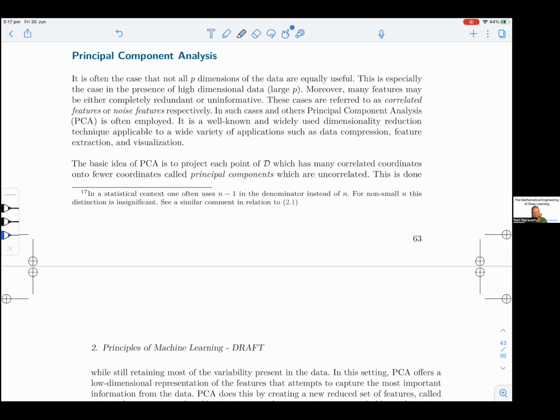We then pick the loading vector v i to be a normed eigenvector associated with lambda i.